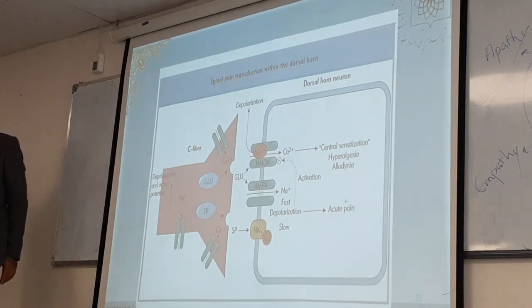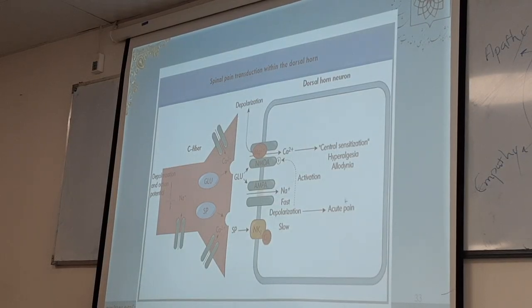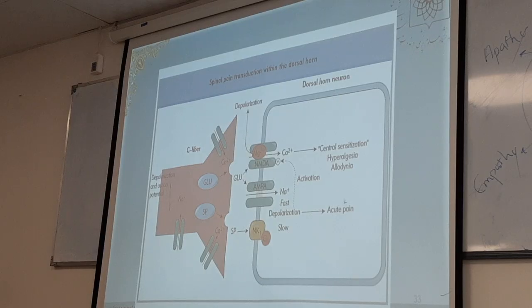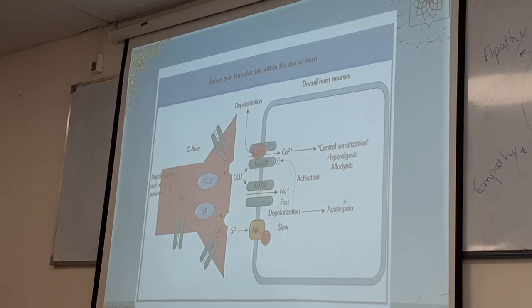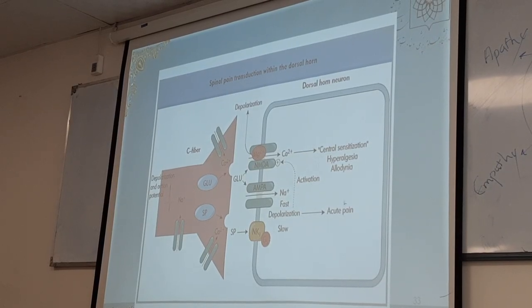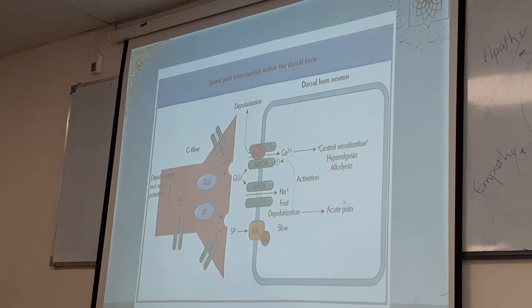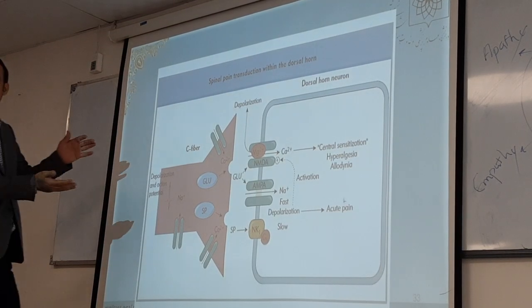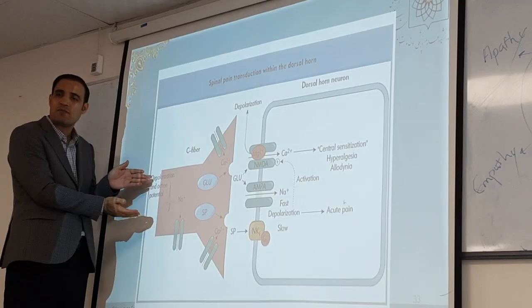You know that in local anesthesia, we add some lidocaine, for example, in your skin. And this area of the skin does not generate action potential. There is damage, for example, I cut your skin, but you do not feel it. You know why? Because the nerve fiber does not generate action potential.